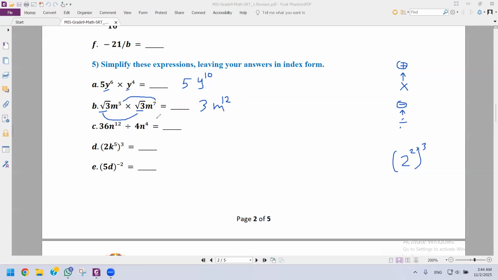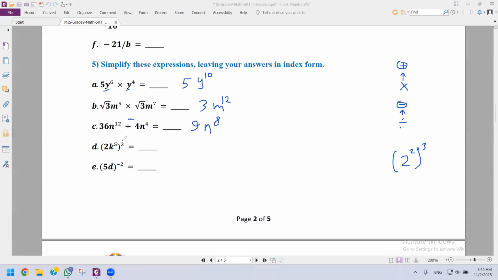Now division. 36 divided by 4 is 9. Then n power 12 divided by n power 4. In division, we subtract the powers. 12 minus 4, 8.